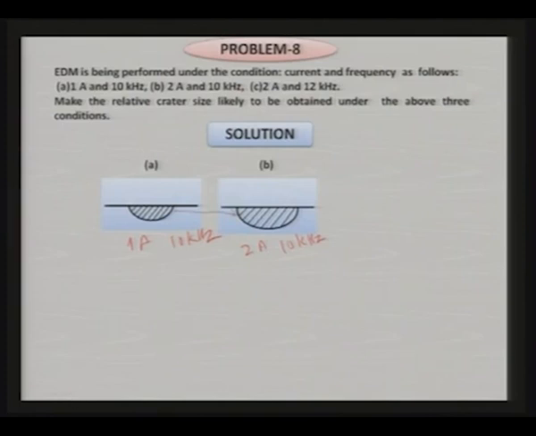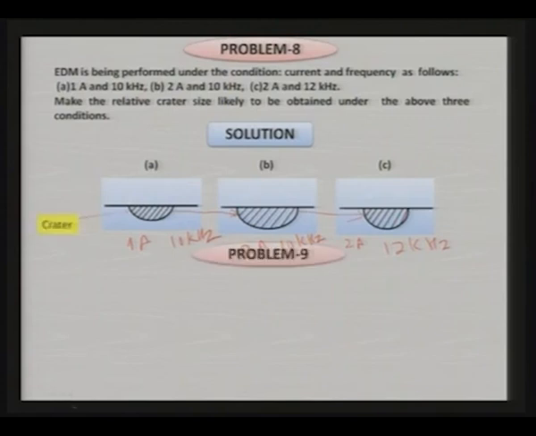Now, in the third case the current remains the same, but frequency is increasing, and we have just seen in the earlier problem that if frequency increases, surface finish improves or crater size decreases. So, with 2 ampere and 12 kilohertz the size of the crater should decrease, and you can clearly see here. That means it is going to give you a better surface finish. So, this is very interesting to see how the crater size varies with the change in the current and with the change in the frequency.